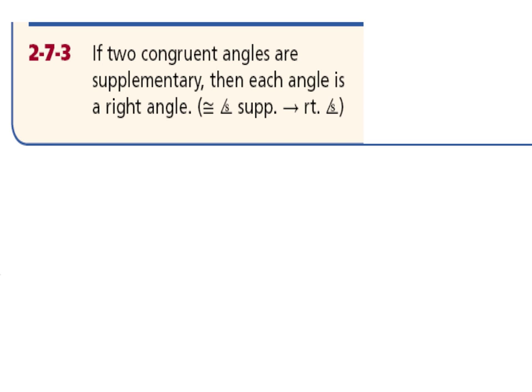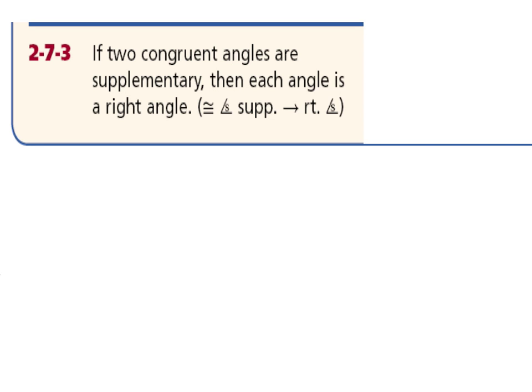If you have two angles that are congruent and supplementary, they have to be the same and add up to 180. Would they have to be 90 and 90? Which is what your right angles would be. So their little shortcut, to me, is saying if you have congruent angles that are supplementary, then they're right angles, which is basically a summary of that.